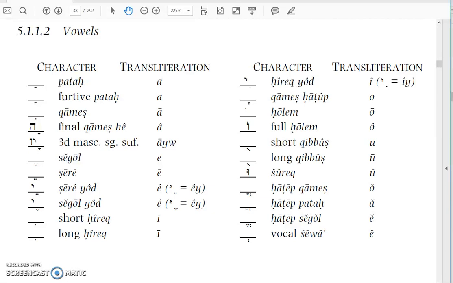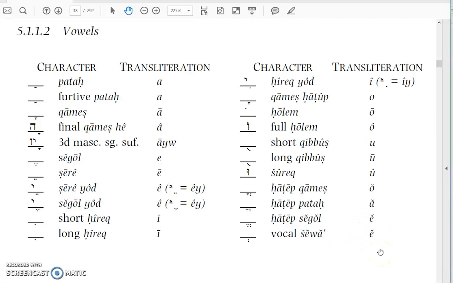Now, in terms of scientific transliteration of these terms, here I go to the SBL Handbook of Style to show you this chart. The simple schwa is shown by an E with a little curvy over the top of it.